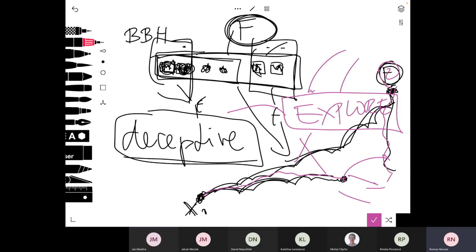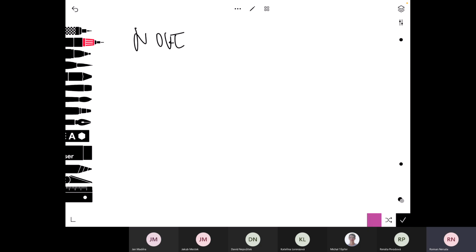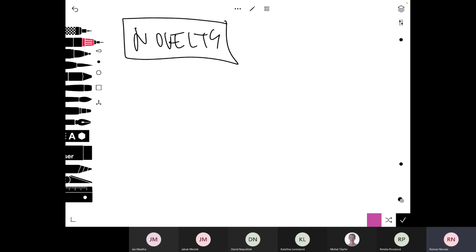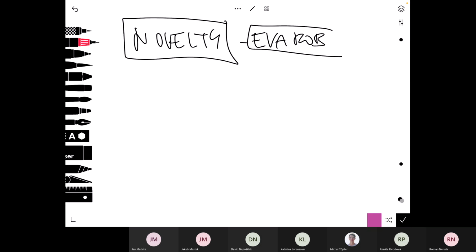But the type of exploration can be different, and so the notion of novelty appeared first in evolutionary robotics, when people were solving problems from evolutionary robotics, EvoRob, using evolutionary algorithms to train controllers for physical robots, solving different tasks.